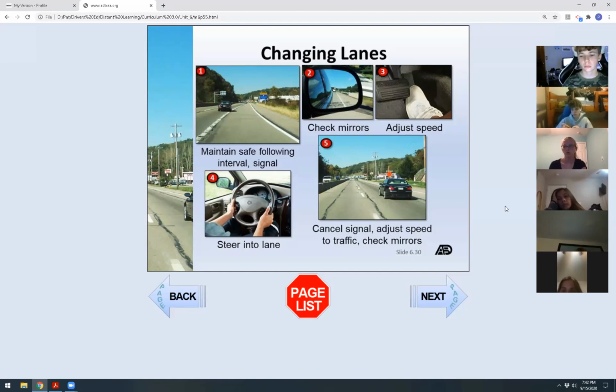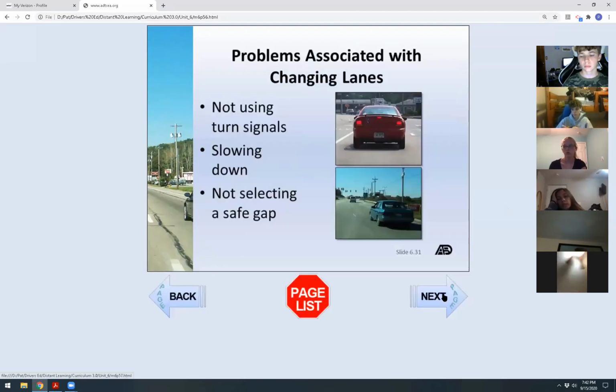Okay. Moving on. So what are some problems associated with changing lanes? People not using turn signals. This is probably the most common mistake people make or improper thing that people do. The other one would be changing into the other lane, like I said before, when they shouldn't, when turning, but not using a blinker.